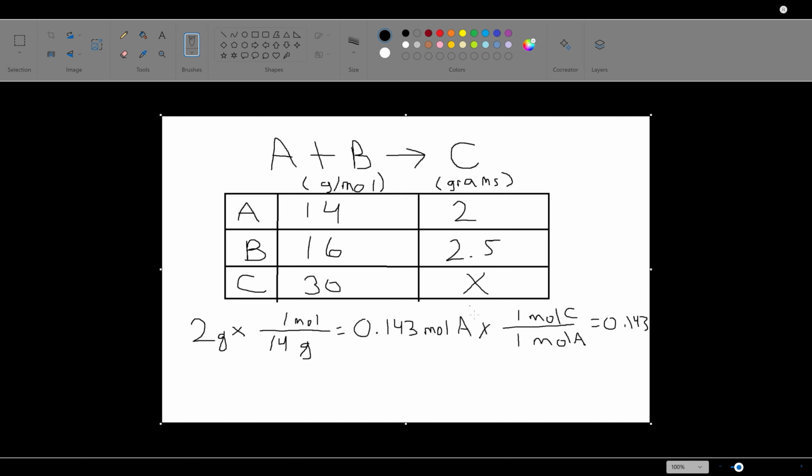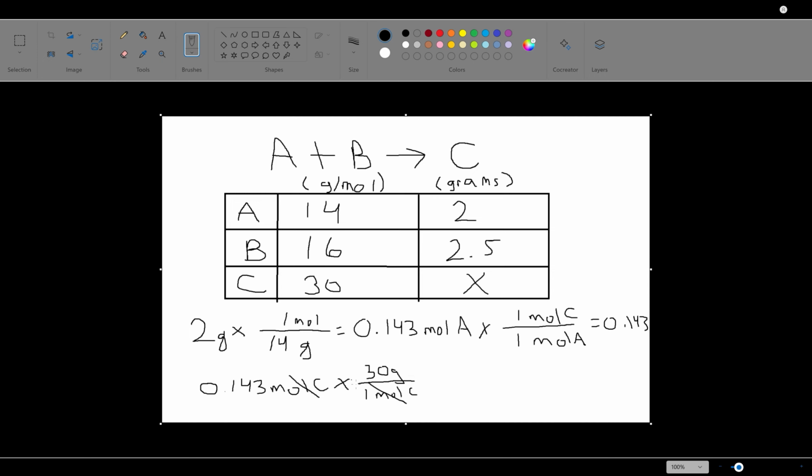So then what we have to do with this number is convert it to our molar mass of the product. So we take our molar amount, 0.143 moles of C, and all we have to do now is multiply it by the 30 grams, because that's what our table says for C, our gram per mole, and it's just 1 mole on the bottom, 1 mole C. So then our moles would cancel out.